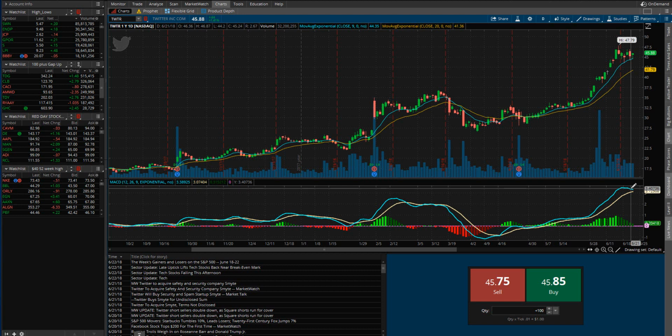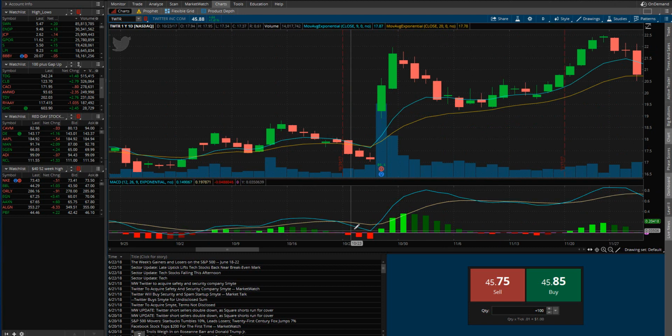If this was a 1-minute chart, the average is determined by the previous 12 minutes. The same for this line right here, except this line is a period of 26. So the one-day, one-year chart, it represents the average of 26 days prior. On a 1-minute chart, 26 minutes.